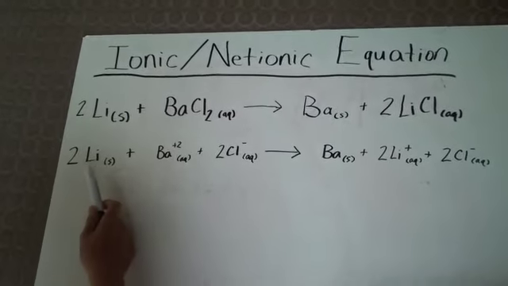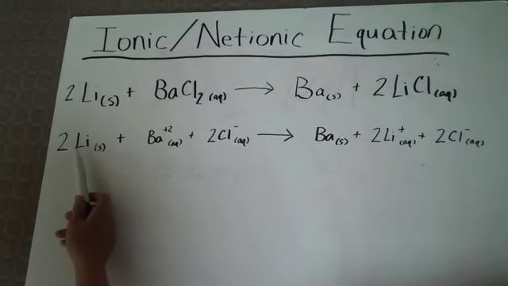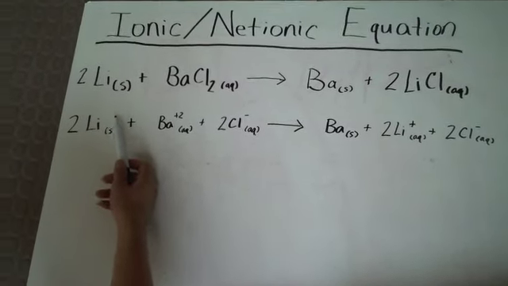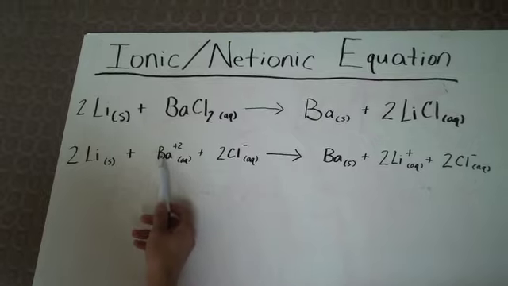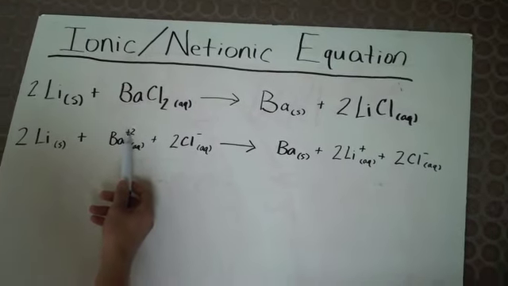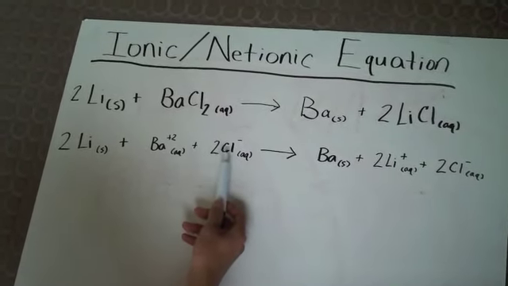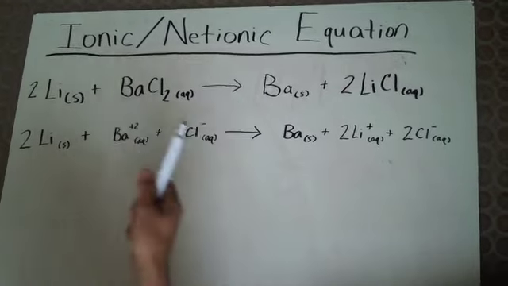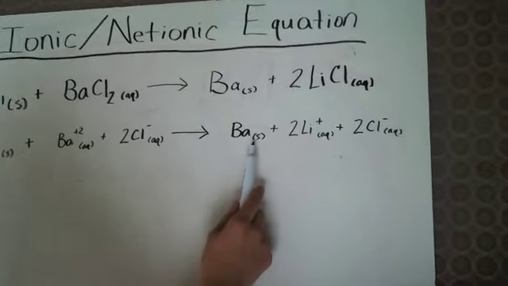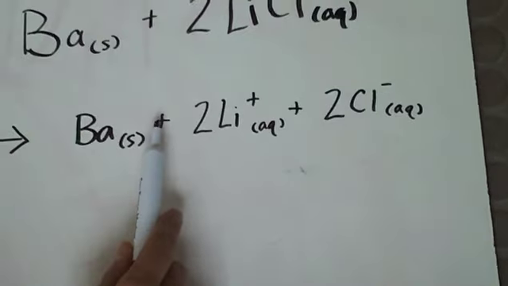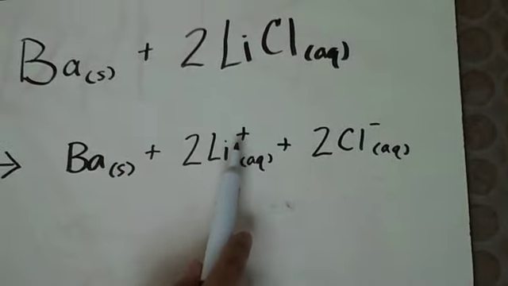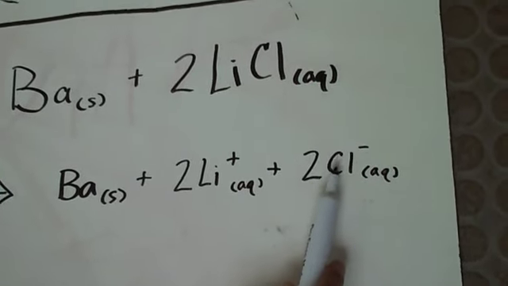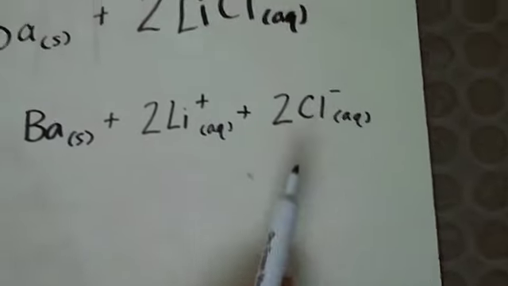Then you have to break it up: 2 lithium solid plus barium 2+ aqueous plus 2 chlorine minus aqueous yields barium solid, no charge, plus 2 lithium plus aqueous plus 2 chlorine minus aqueous.